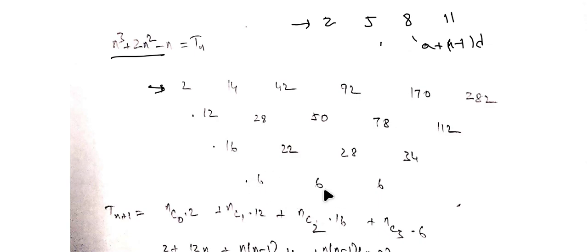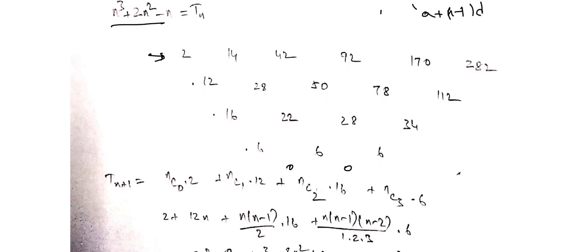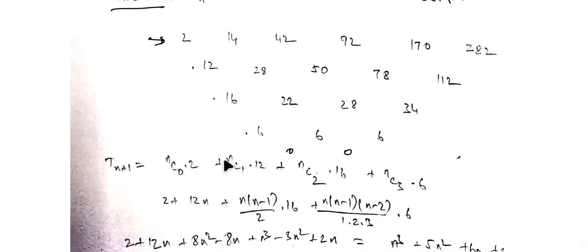We are skipping nC4 because subsequently we would have got zeros, so nC4, nC5 and so on are not needed. So nC0, nC1, nC2, nC3, till nC3 only is needed. We will just expand. nC0 is 1, 1 into 2, nC1 is n into 12, nC2 we can expand and write, similarly nC3 we can expand and write.